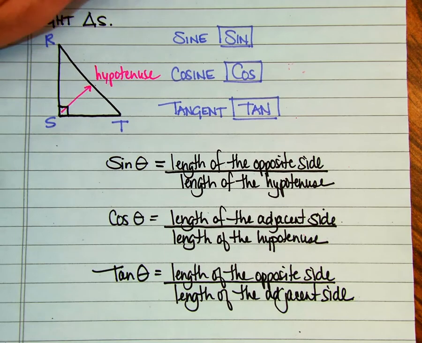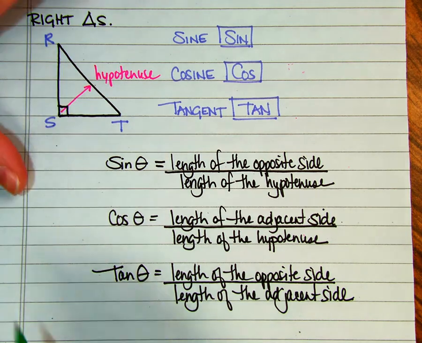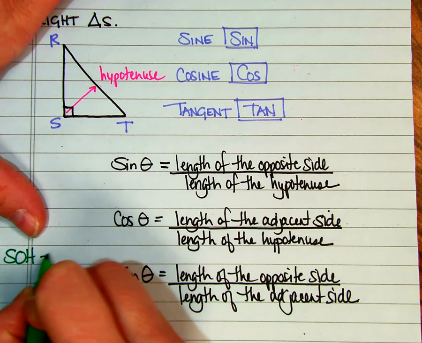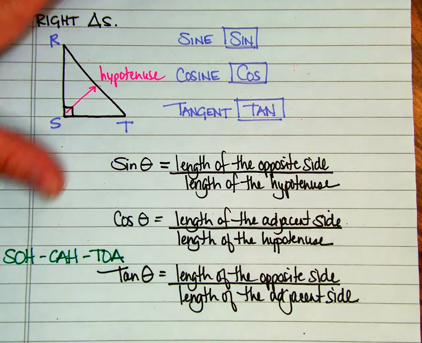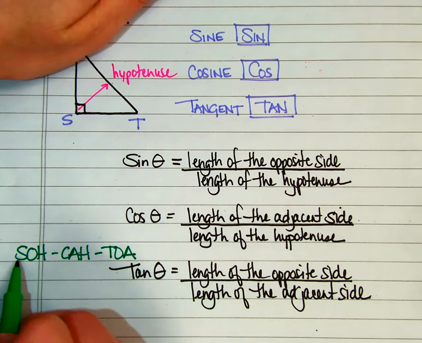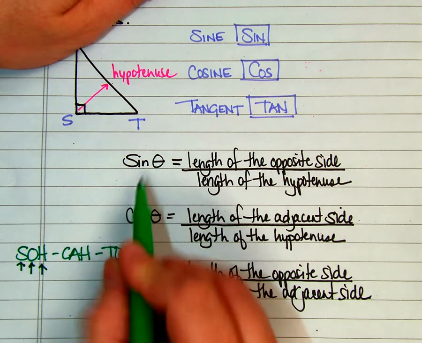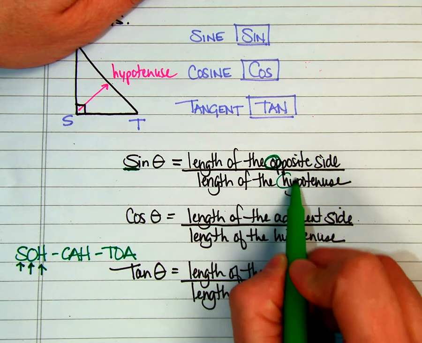Okay, and you're thinking, how in the heck am I ever going to remember that? Well, we have what's called a little phrase, and it is Sohcahtoa. That's going to help you immensely. It sounds corny, but it does work. That means the sine is the opposite over the hypotenuse.